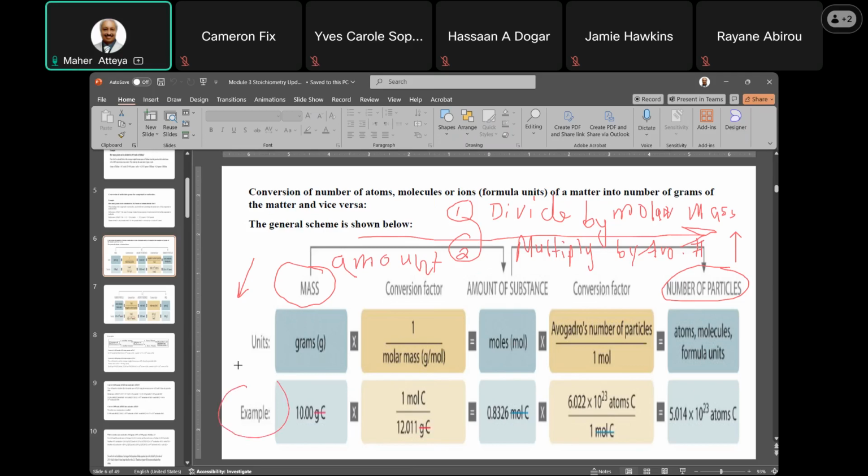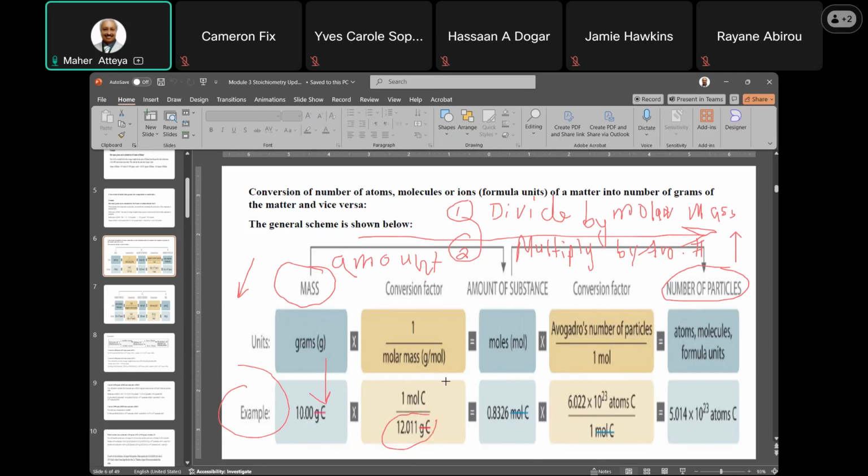Let's look at an example here. 10 grams, this is 4 sig figs, of carbon. How many atoms are in this 10 grams of carbon? Or how many molecules? Carbon is an element, not a molecule. You divide this by its atomic mass.